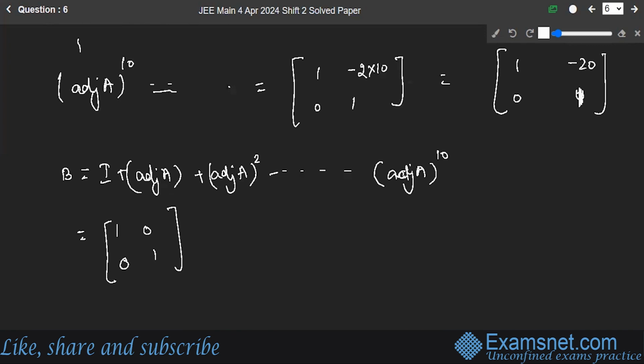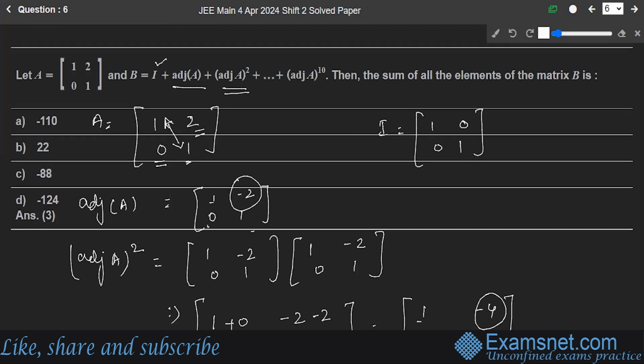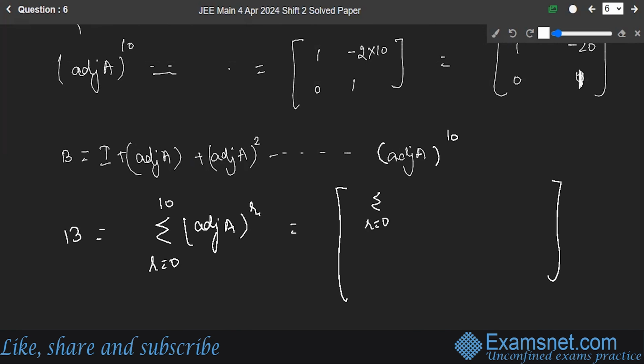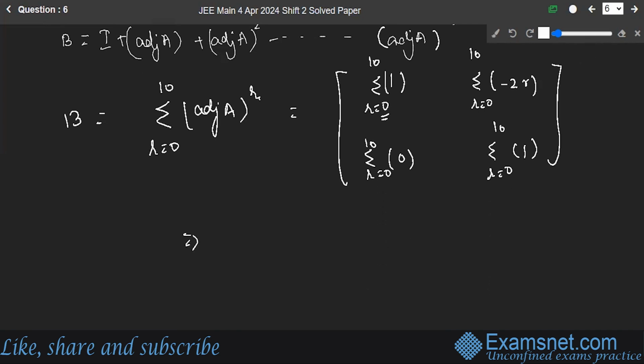Now this B can be written as the summation from R equal to 0 to 10 of adjoint of A power R. So this will be the summation from R equal to 0 till 10 of 1, the summation of -2R, and the summation of 0, and the summation of 1. Starting from 0 to 10, I have 11 terms, so 1 will be added 11 times. So this is 11 over here, 0 here, and 11 here also.